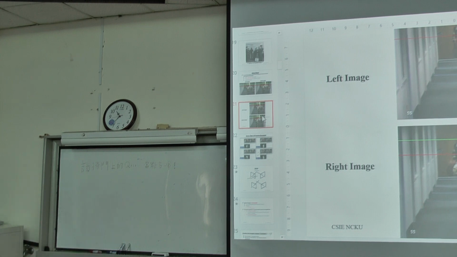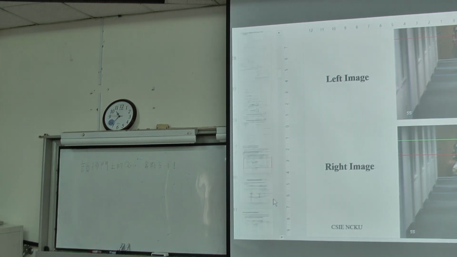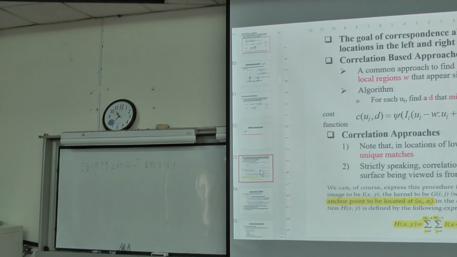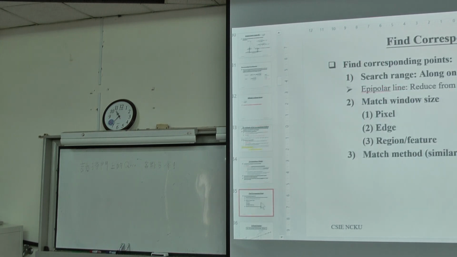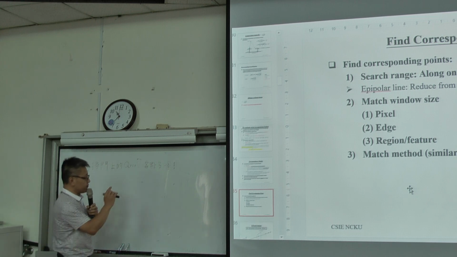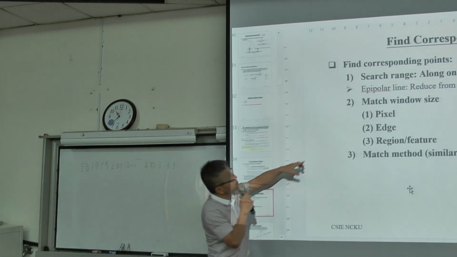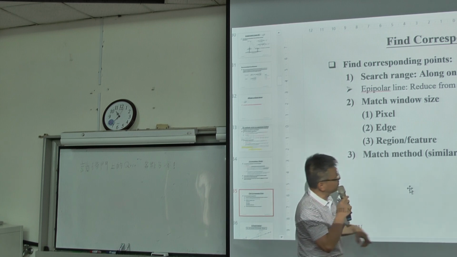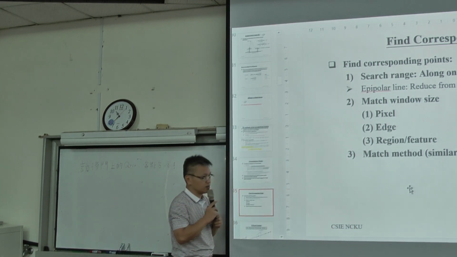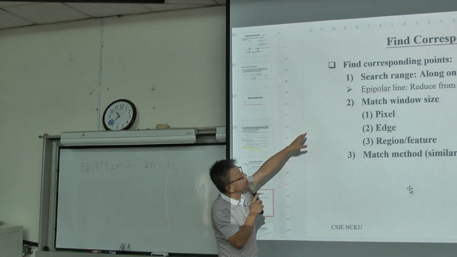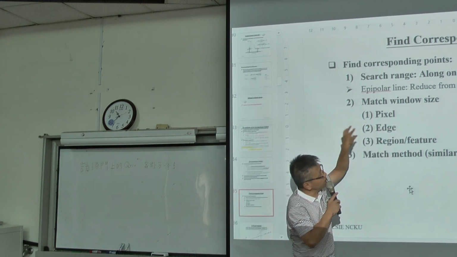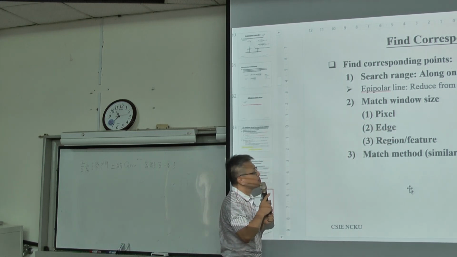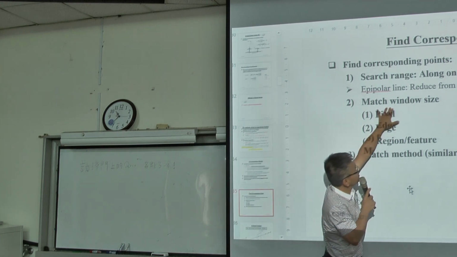So right now we face a problem for stereo. So for stereo, we try to find corresponding point. This page 35. Find 2 points. How do you find a corresponding point? So there's matching problems.